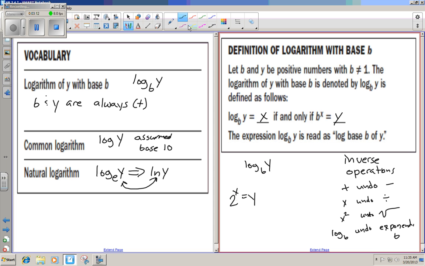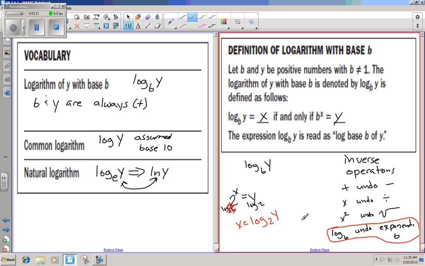Now, according to what I wrote right here, a log with base b is undone by an exponential with base b, and vice versa. So to undo a 2 to the x power, you put it to the log base 2. This part here then cancels.